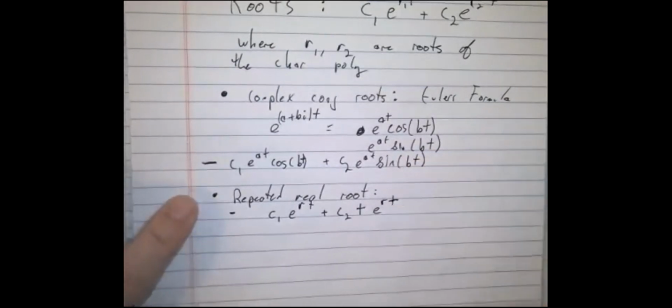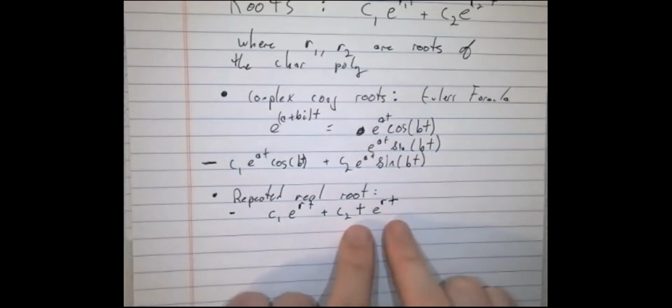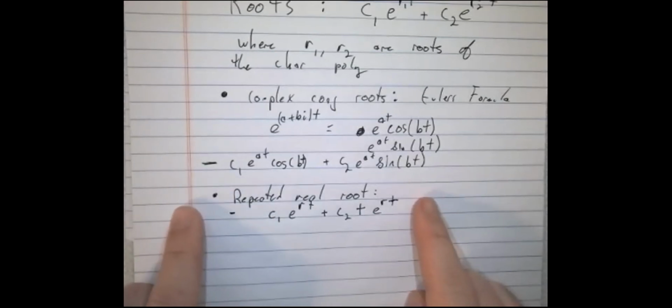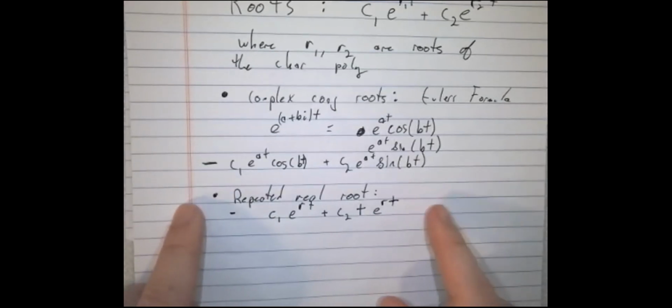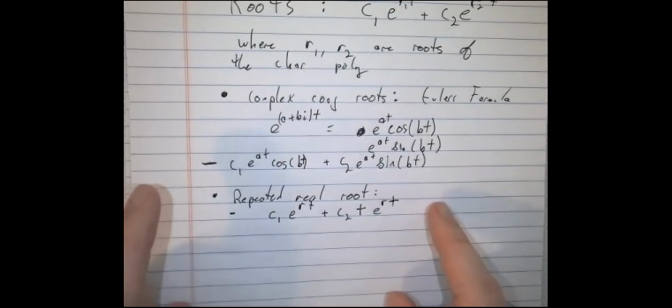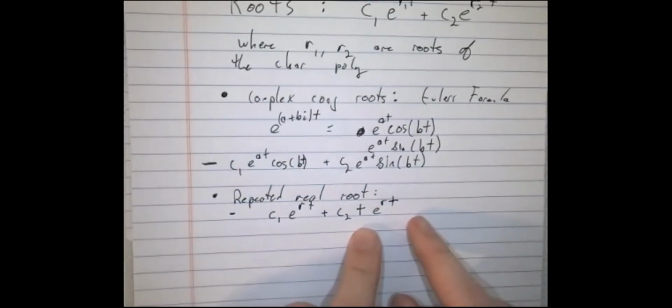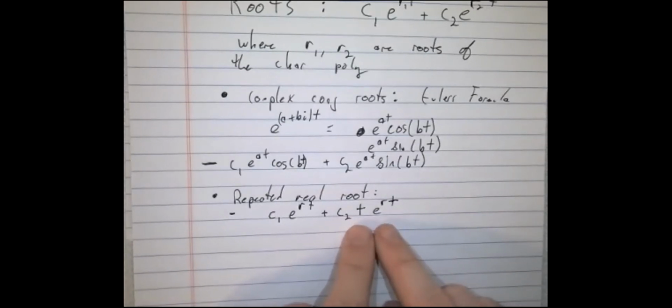So you're absolutely correct to ask how we found this alternative function, but it turns out that for all differential equations with a degree 2 characteristic polynomial that has a repeated root, you're always going to get the same function out front, and it's just going to be a t.